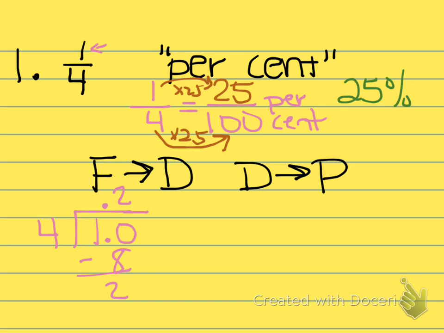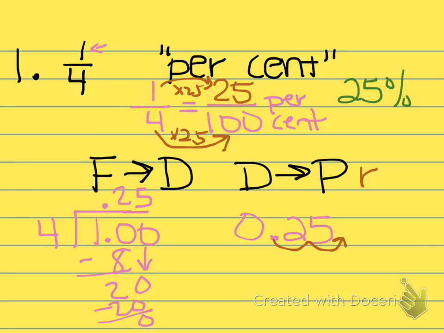We get the remainder of 2, so we add another 0 and drop it down. 4 goes into 20 5 times, and there's our 0 remainder, so we're done. Then you change your decimal to a percent by going to the right, that's our DPR, to the right, to the right, and then add in your percent sign. So again, our answer is 25%.